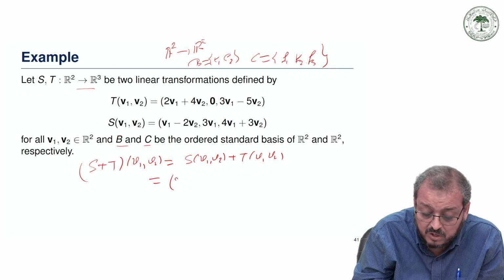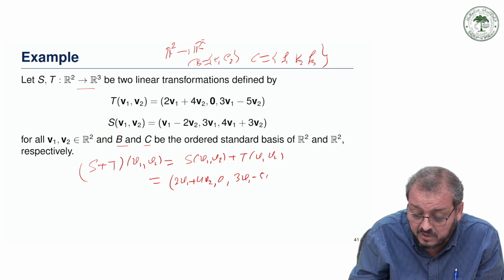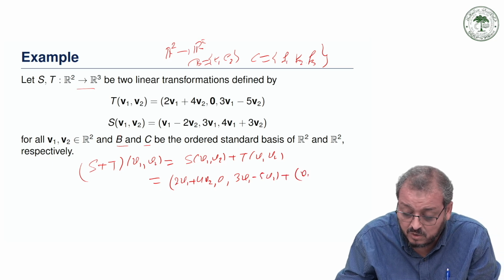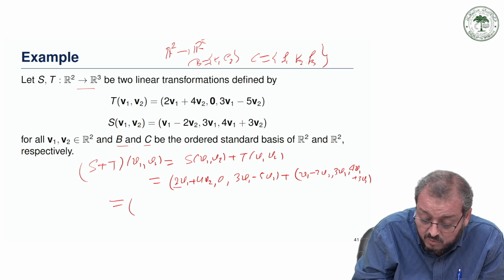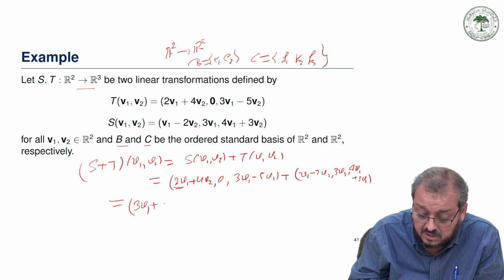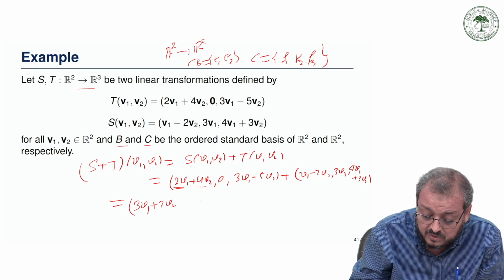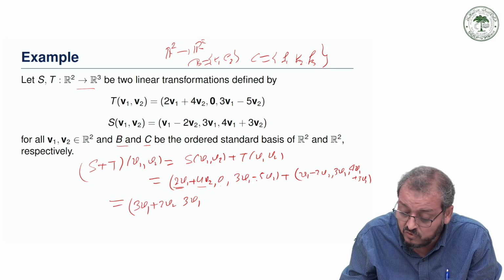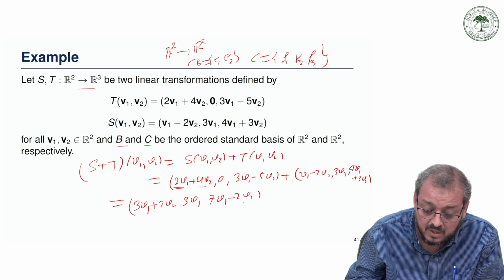Now S of (V1, V2) is (2V1 + 4V2, 0 + 3V1, V1 - 5V2), and T of (V1, V2) is (V1 - 2V2, 3V1, 4V1 + 3V2). Adding them: 2V1 + V1 is 3V1, 4V2 - 2V2 is 2V2, 0 + 3V1 is 3V1, 3V1 + 4V1 is 7V1, and -5V2 + 3V2 is -2V2. So this is S plus T.